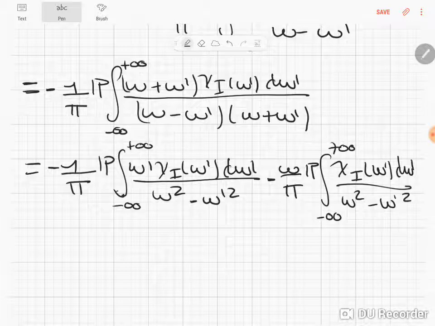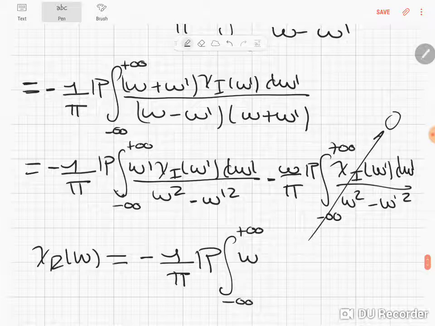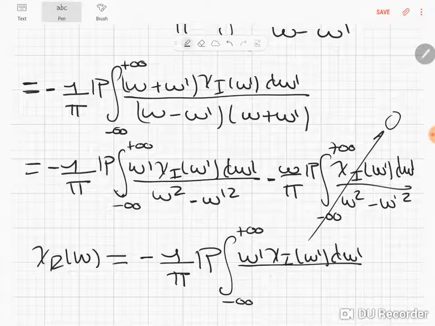From the symmetry that we derived here, we see that since chi imaginary of omega prime is odd, and what we have in the denominator is even, this integral is identically equal to 0, which leaves us with chi real of omega being as well minus 1 over pi, the principal integral from minus infinity to plus infinity of omega prime chi imaginary of omega prime, d omega prime, divided by omega square minus omega prime square.